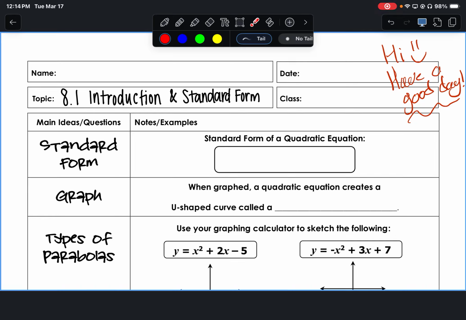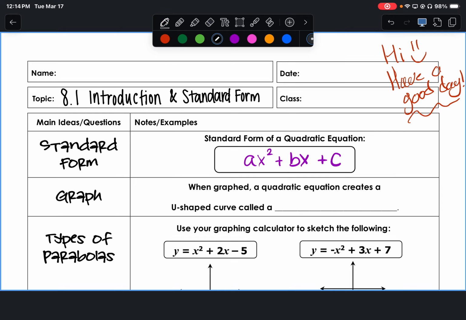We also, when we were looking at factoring trinomials, were specifically factoring quadratic trinomials. So we already know what standard form is because we were looking at it when factoring. Standard form is just ax squared plus bx plus c.